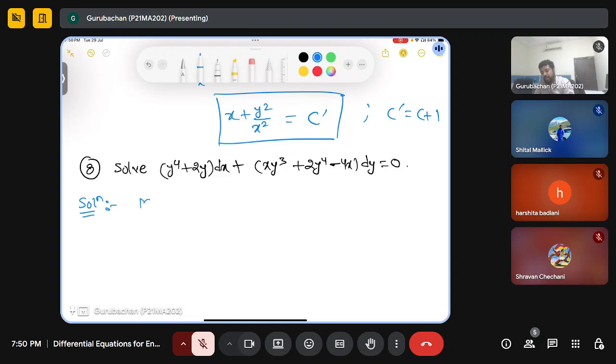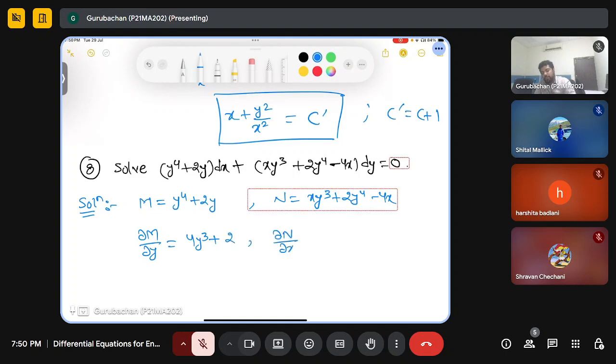So here M is equal to y to the power 4 plus 2y, N is equal to xy cube plus 2y to the power 4 minus 4x. So del M by del y is equal to 4y cube plus 2.